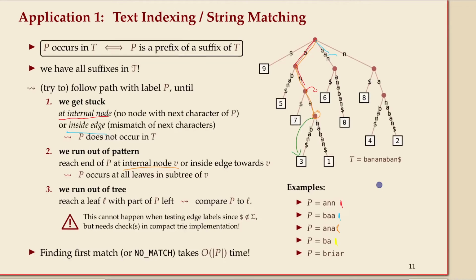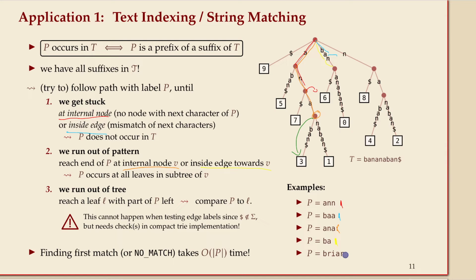We traverse the same edge as with the blue, but then we stop in the middle of the edge. So here it's not a mismatch, but it's this case. And so the occurrences are everything below here. So we just follow the rest of this edge. And from there on, it's the same as the orange case.